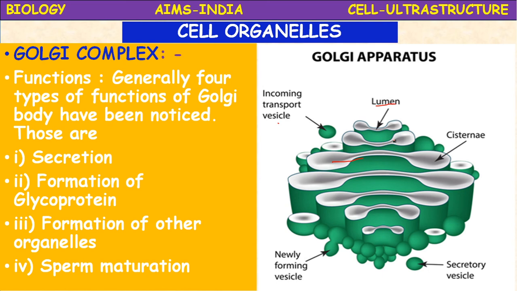Sperm maturation. The Golgi complex present in the testis or the seminal vesicles helps in the maturation of sperms in male organisms. What is sperm? Sperm is the male gamete.